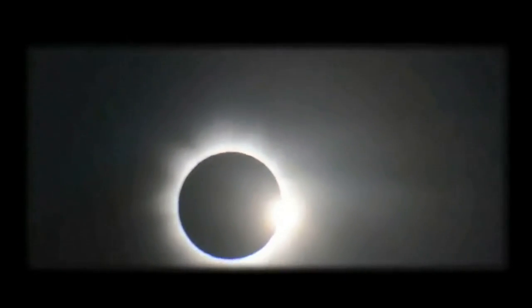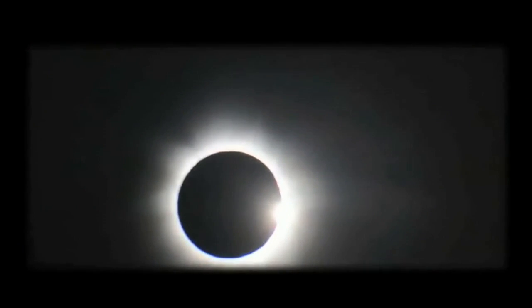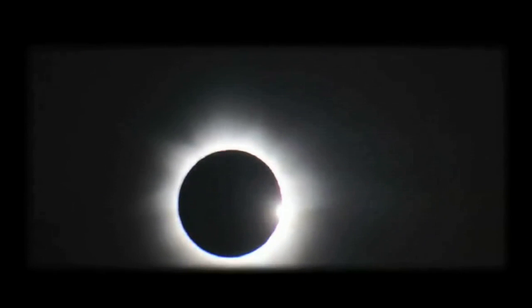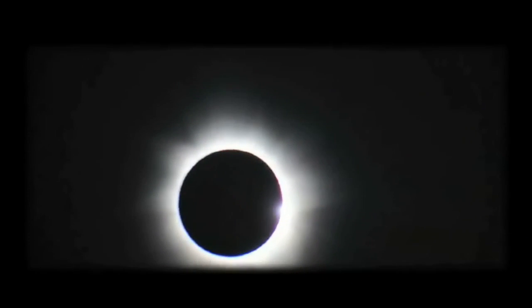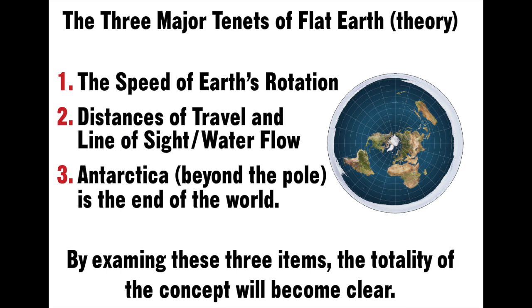Another example is an eclipse, when the moon gets between the sun and the Earth, or vice versa, you'll get an eclipse. And you can observe this yourself from Earth.